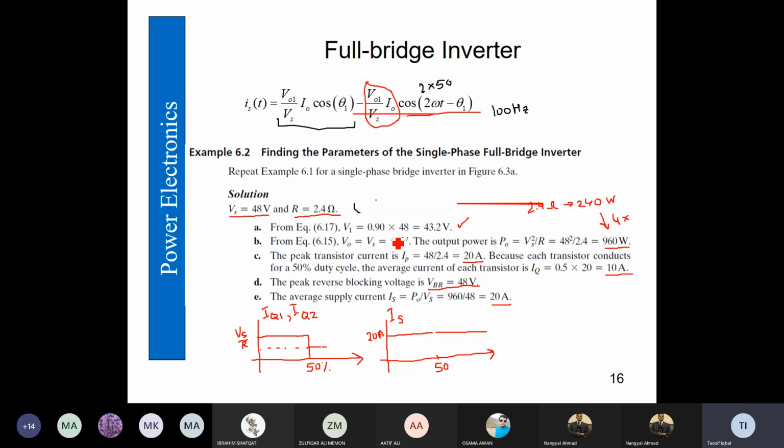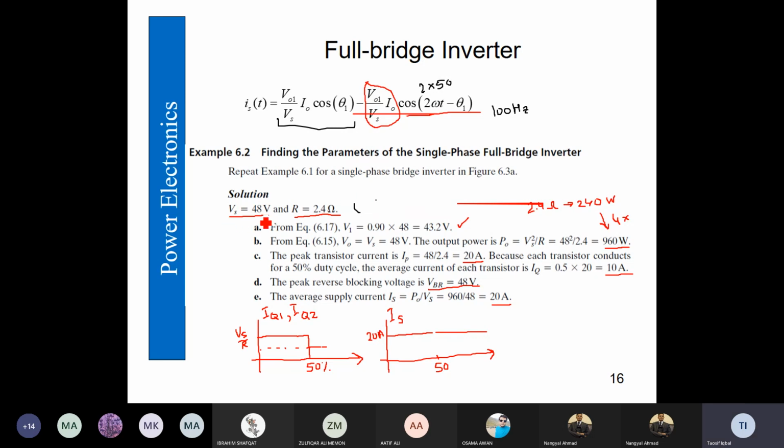So now let's find out the parameters for single phase full bridge inverter. We take the same variables as were given in the case of half bridge inverter.